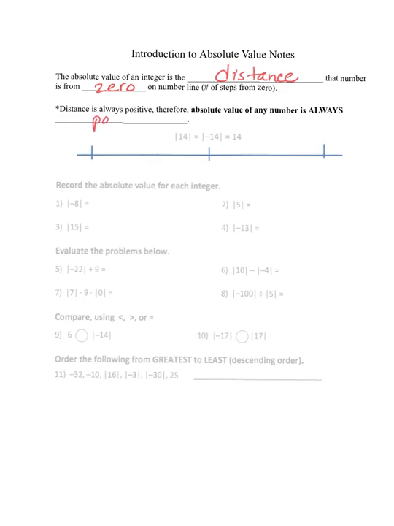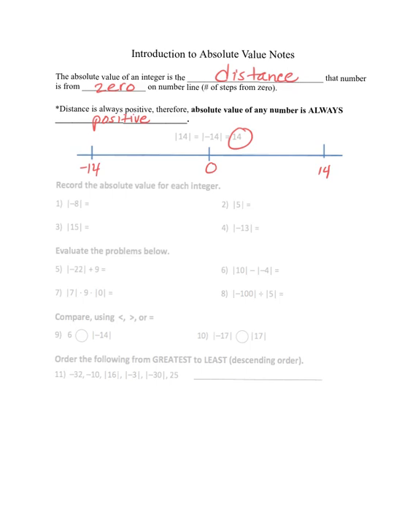So make sure that we are understanding that concept, and understanding that if we have a negative 14, this is already on your notes, or a positive 14, they are both 14 steps away from 0, a distance of 14.